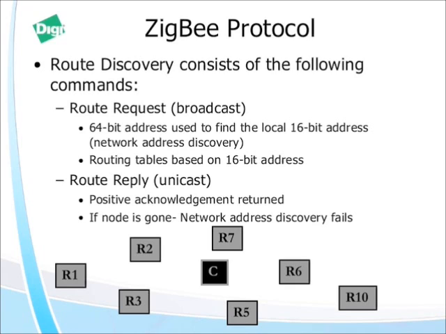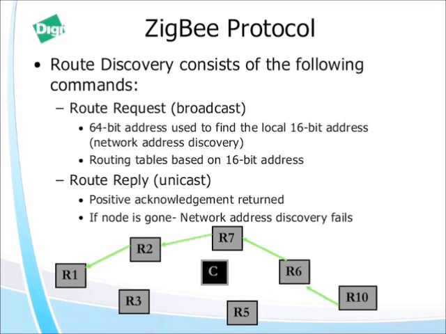And so what happens in route discovery is that a broadcast will go out. If I wanted to send data from R1 to R10 here, a broadcast is going to go out, and R1 is going to ask everybody in the network to send its route to R10.